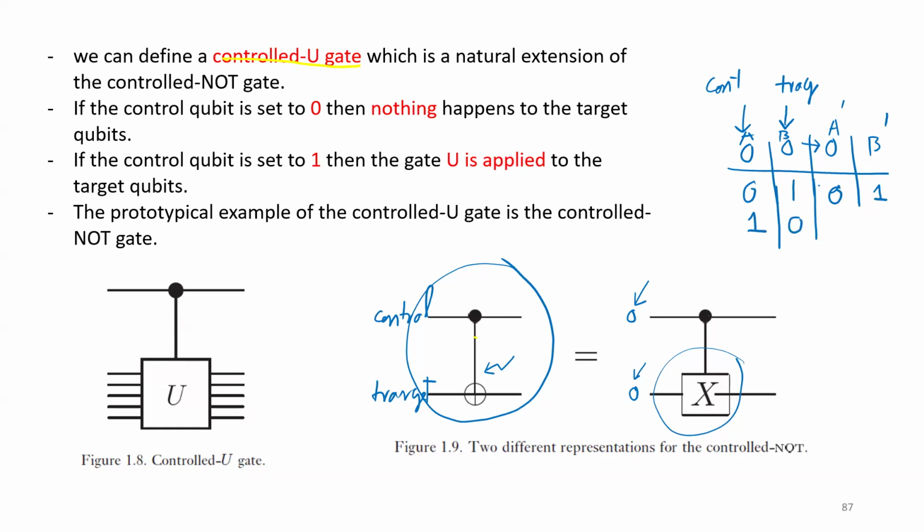So you have here 0, and it's going to give you at the end here 1. And if the control is 1 and this is 1, the control stays the same, 1, but this is going to flip, and so on. Now, what the control does is give instruction for the other side to do an operation.